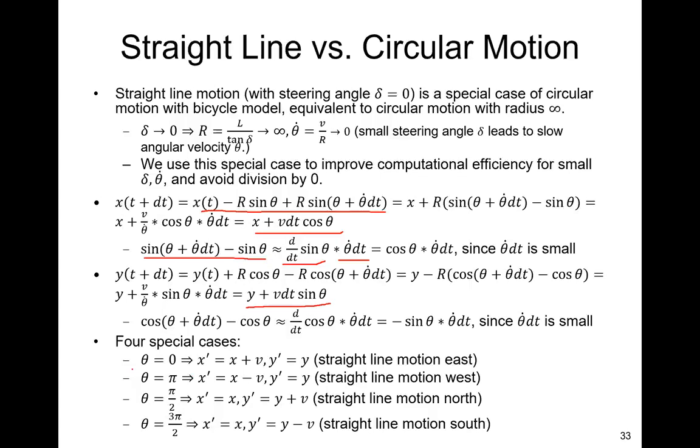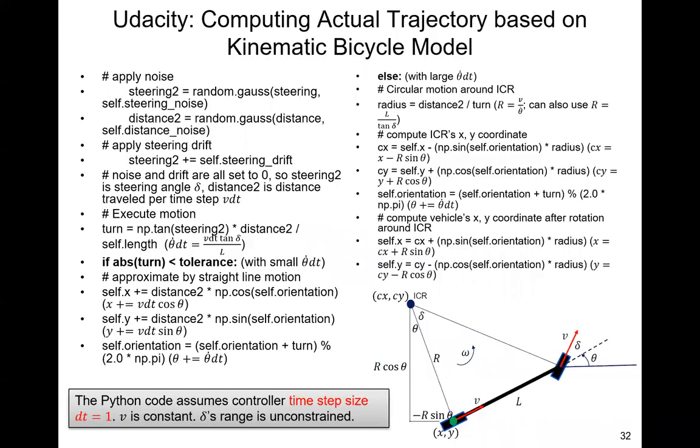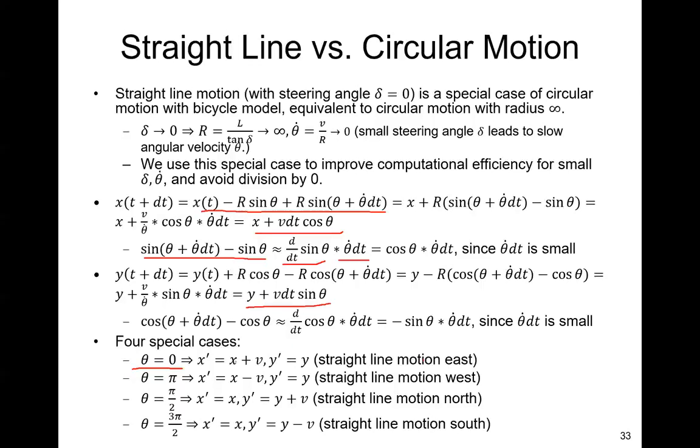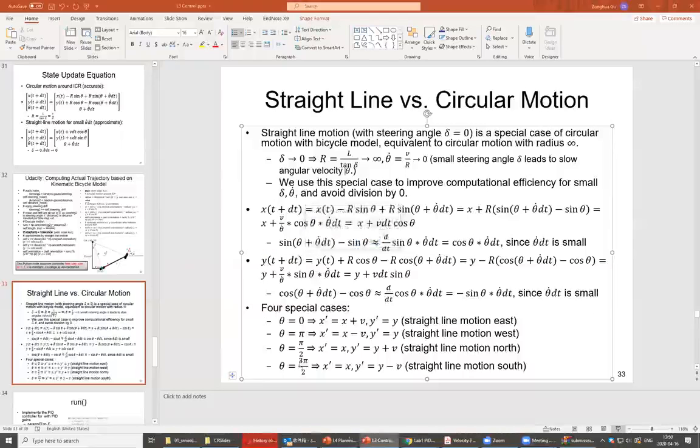So if theta is 0, theta 0 means that the vehicle heading is horizontal, east-west. That's the vehicle heading with theta 0, and then you're traveling east. So the x is updated at every time step, and y stays constant.